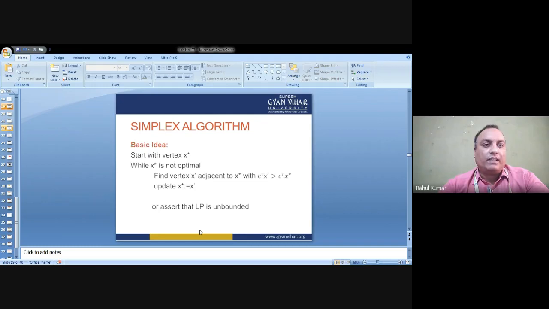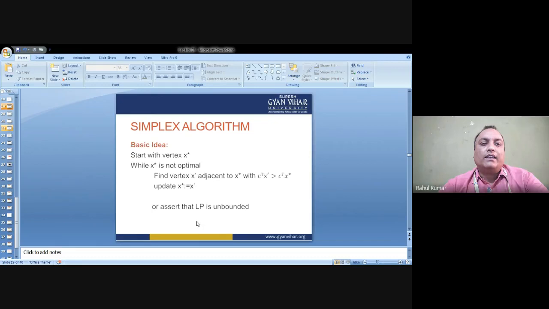Start with vertex x star. While x star is not optimal, find a vertex x dash adjacent to x star with c transpose x dash greater than c transpose x star, and then update x star equal to x dash, otherwise the linear program is unbounded.